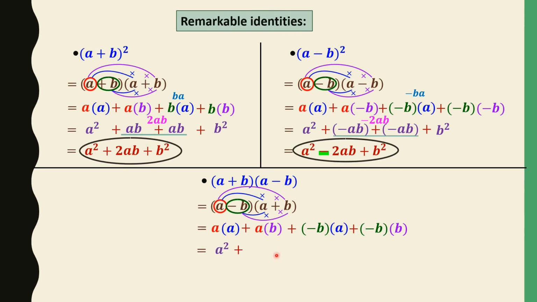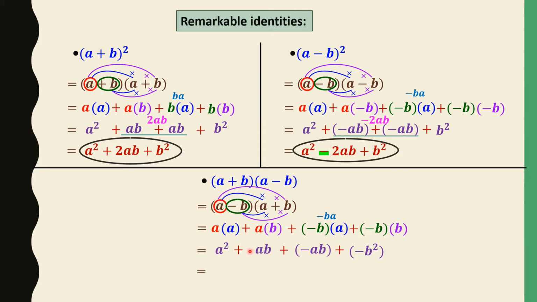equals a times a equals a squared, plus a times b, it's ab. We write plus negative b times a, it's negative ba. Let's write it in alphabetical order. We obtain negative ab, plus negative b times b, it's negative b squared, equals, here we have ab and negative ab, two like terms.